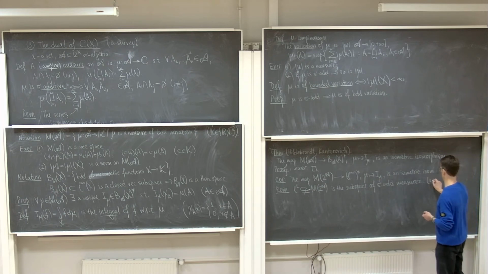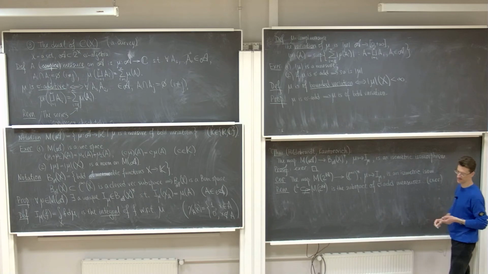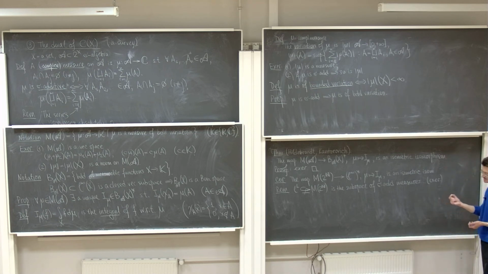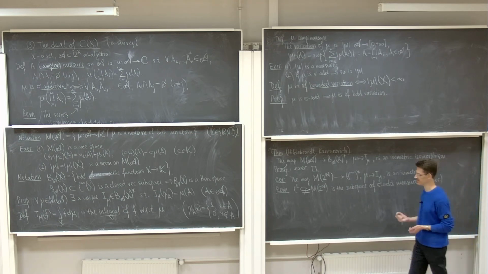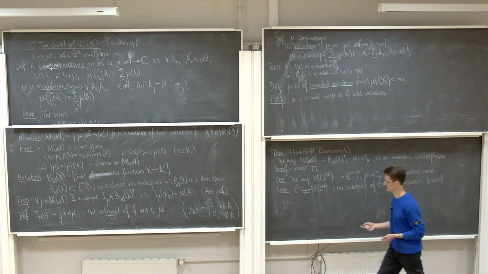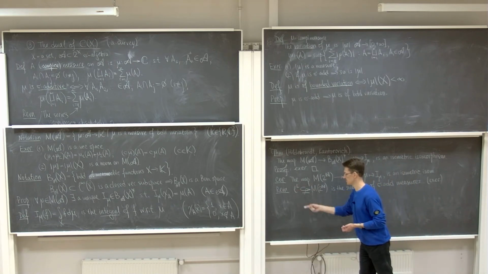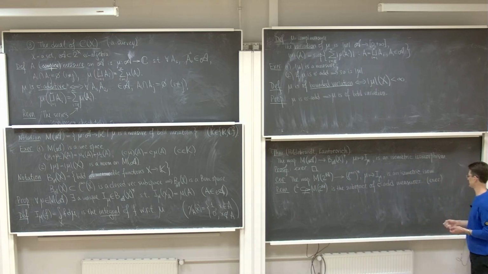This is an exercise which is almost trivial, because to define a sigma additive measure, you just have to assign a measure to each point, to each natural number. Each such measure uniquely corresponds to an element of the little L1 space.